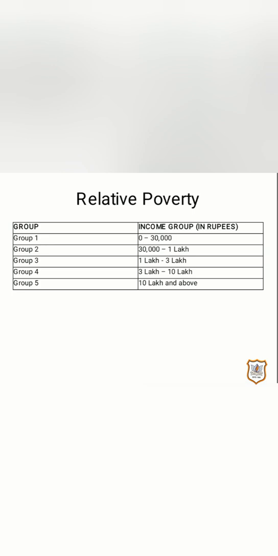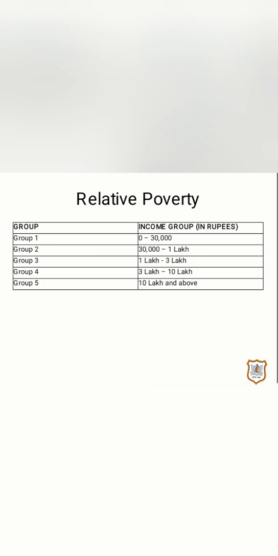Now here, in this example, the people in group 2 have more income than the people in group 1. So here we may say that the people in group 1 are relatively poorer than group 2.